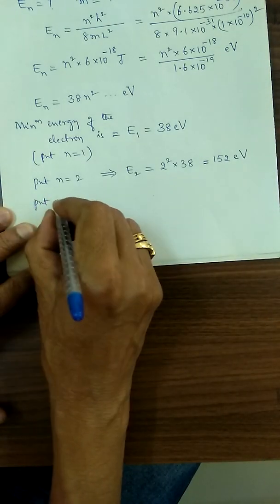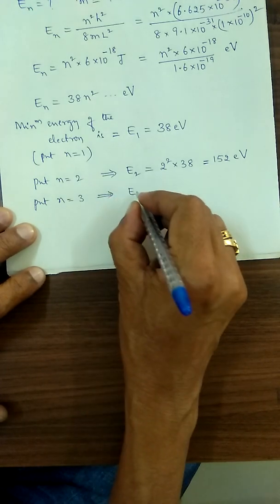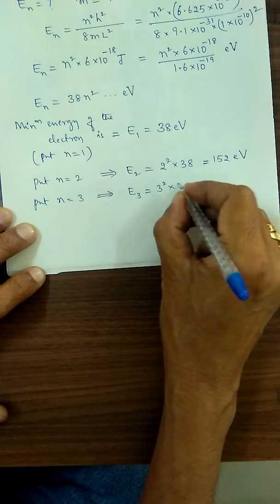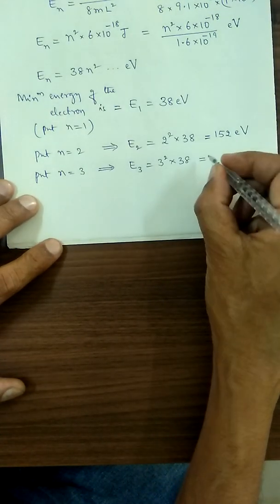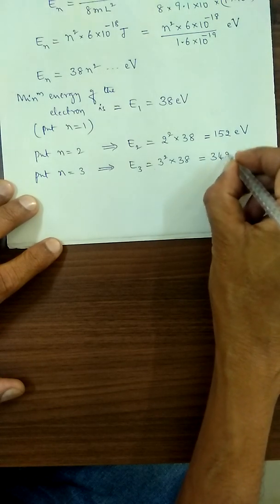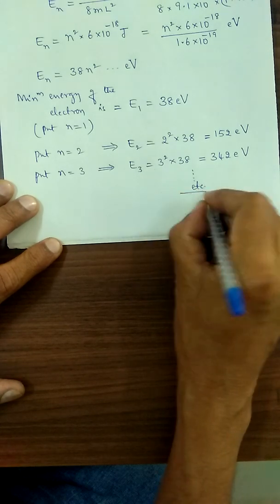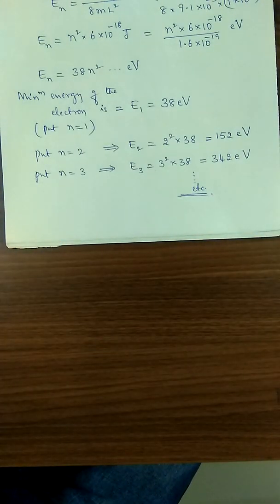Put n is equal to 3 and you get the third energy, E3, equal to 3 square into 38, that is equal to 342 eV. Etcetera, you are going to get. That's all the problem. It carries 4 marks.